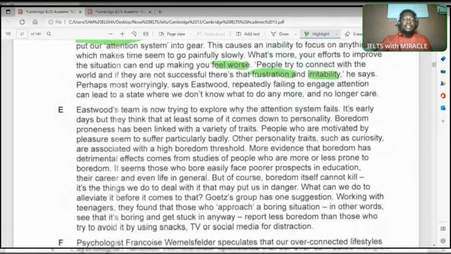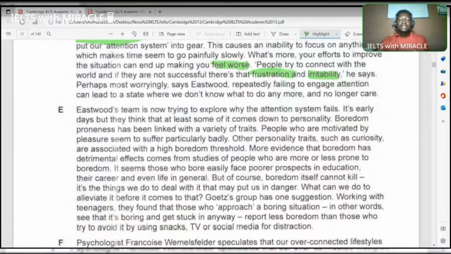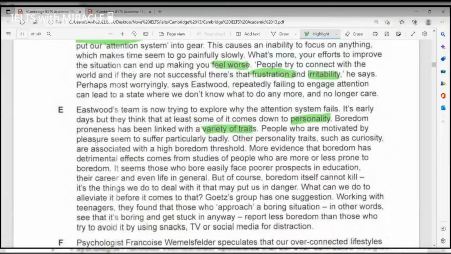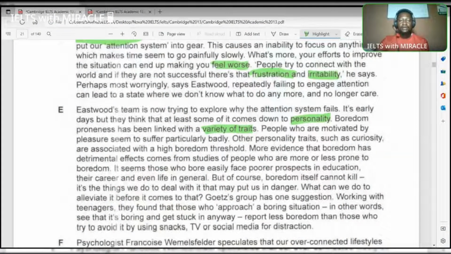It's early days, but they think that at least some of it comes down to personality. So boredom proneness has been linked to a variety of traits. People who are motivated by pleasure seem to suffer particularly badly. So he started talking about personality again, personality traits.